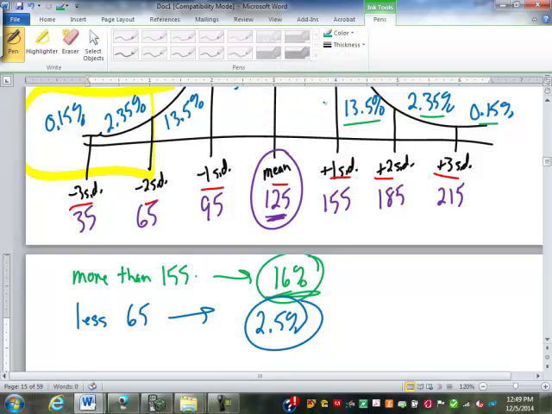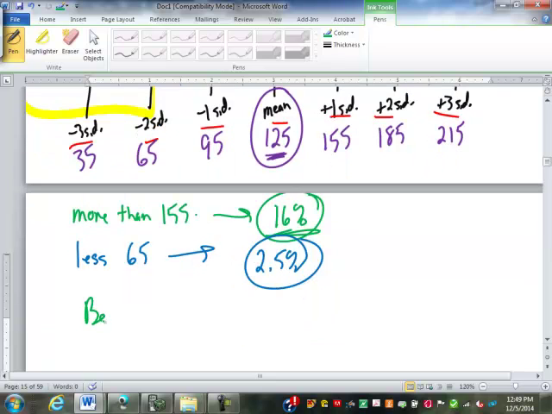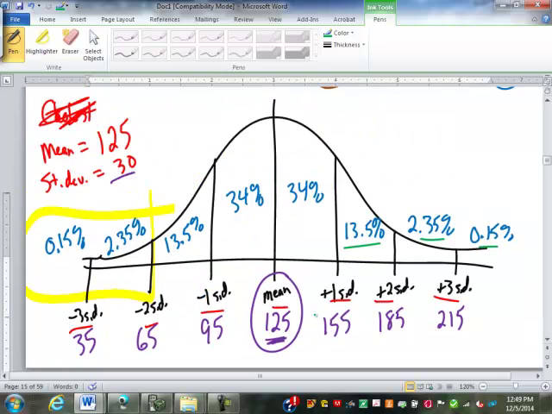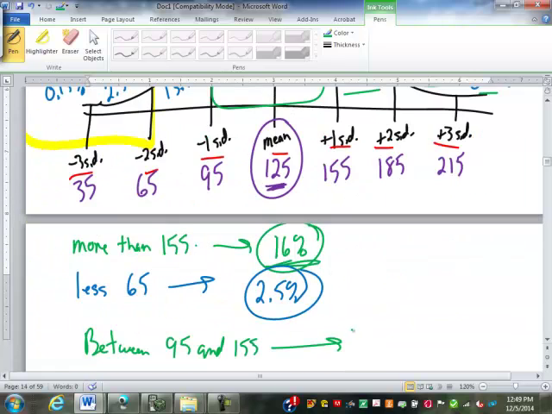Does that make sense? What if I asked, how about between 95 and 155? There's 95, there's 155. Add those up, 34 and 34 make 68%. So 68% of the people are between 95 and 155. Does that make sense?